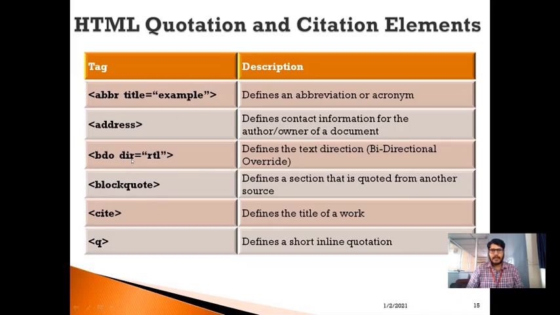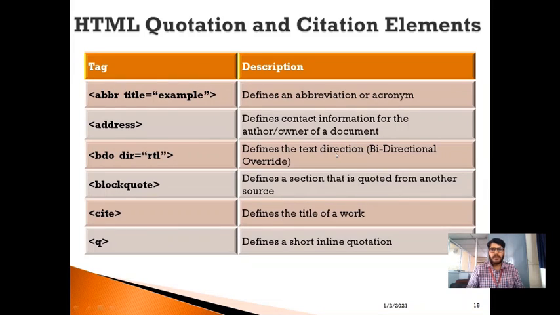This attribute indicates direction, and the value we can set here is either RTL to indicate right to left, or LTR to indicate left to right. So with the help of this, we can define the text direction.